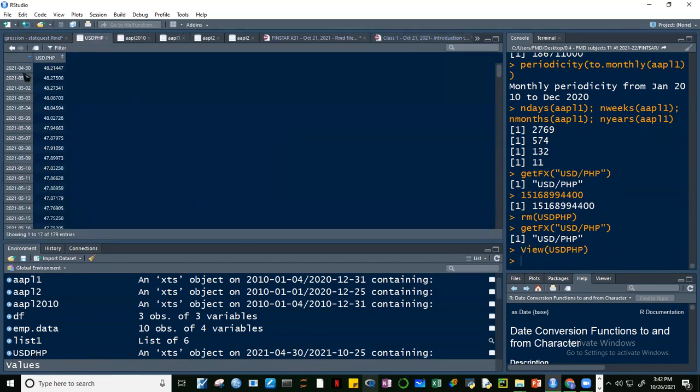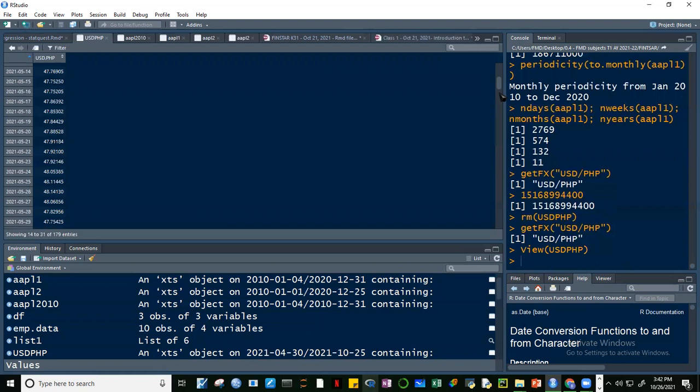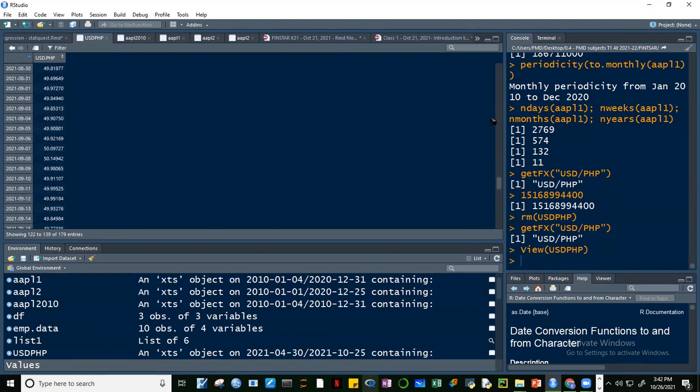Okay, there you go. So the default is from April 30, 2021, and there are 179 entries, until October 25, 2021.